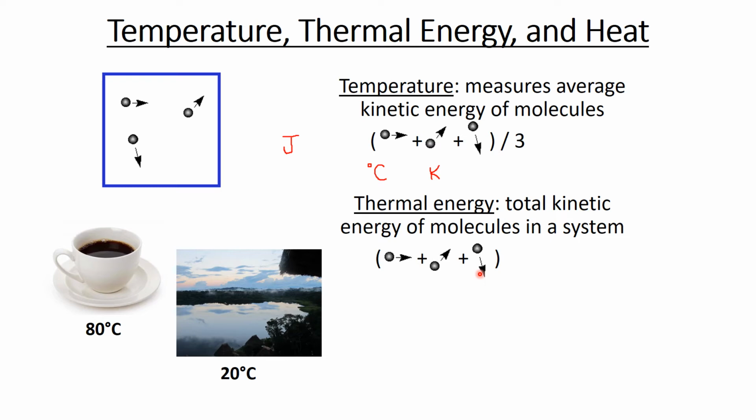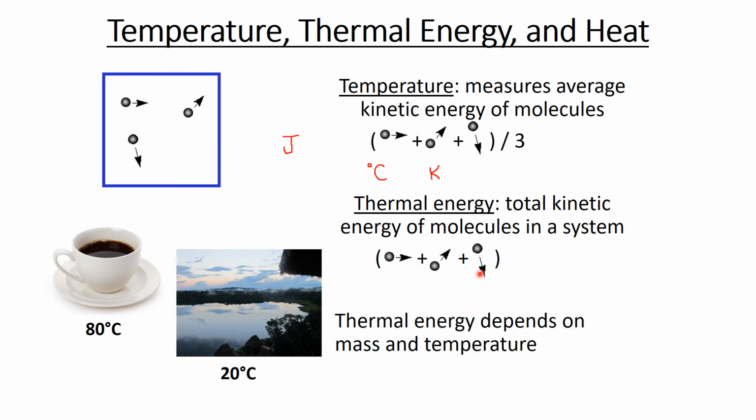So if we are to think about what affects thermal energy, it depends on both mass and temperature. So the thing with the greater temperature is not necessarily going to have the most thermal energy, because you also have this factor of mass.